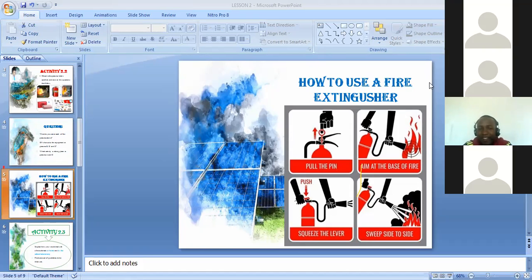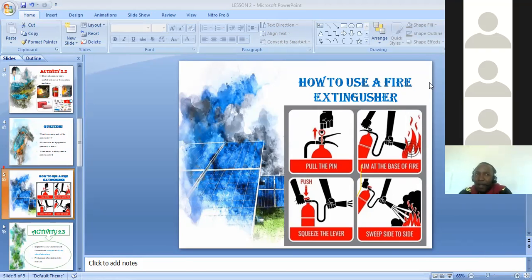Because carbon dioxide is a gas in the air, and when the fire is there, it cannot reduce it. So in other words, we are saying carbon dioxide does not support burning, isn't it? That's why we are using carbon dioxide in fire extinguishers, because carbon dioxide does not support burning. We are using carbon dioxide in powder form.